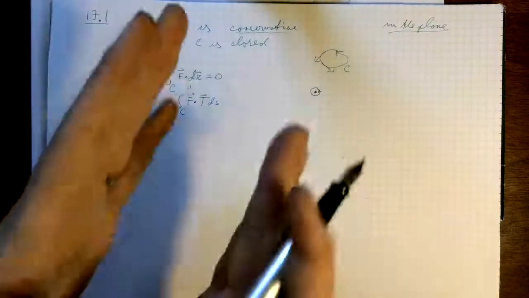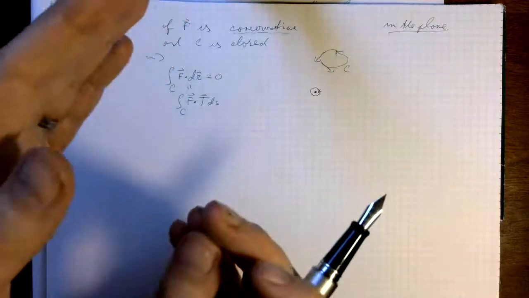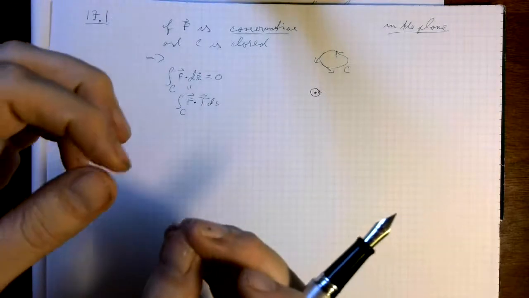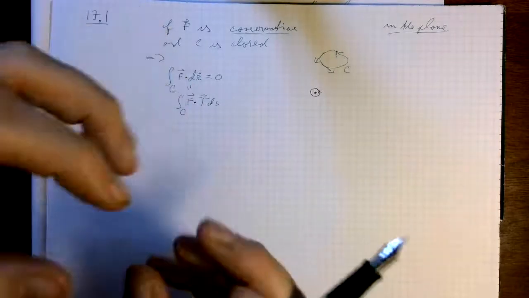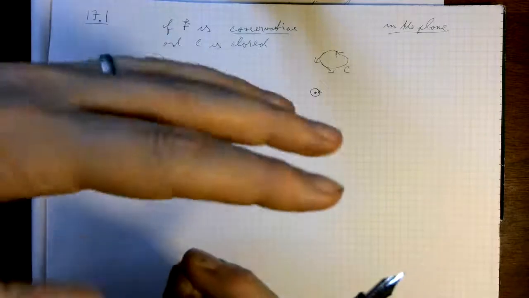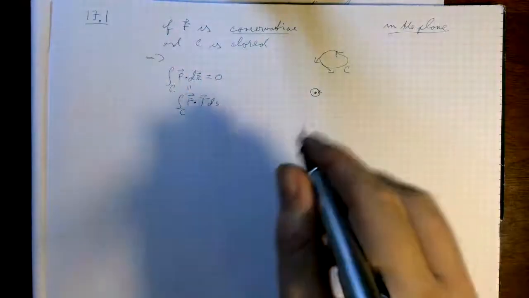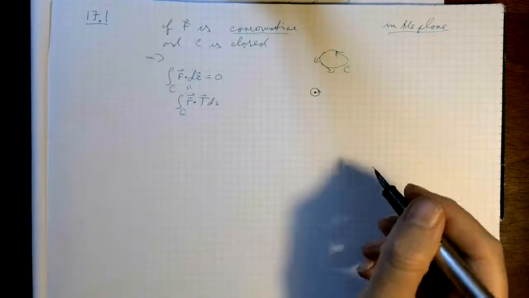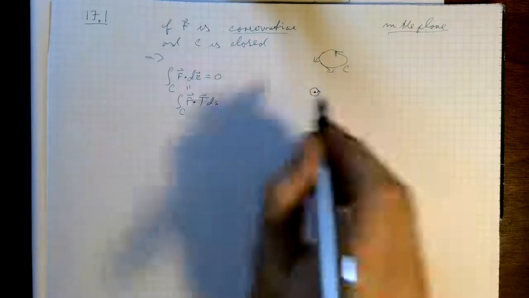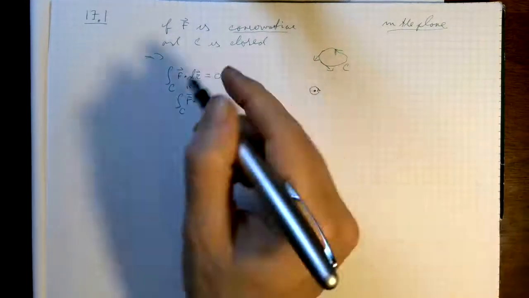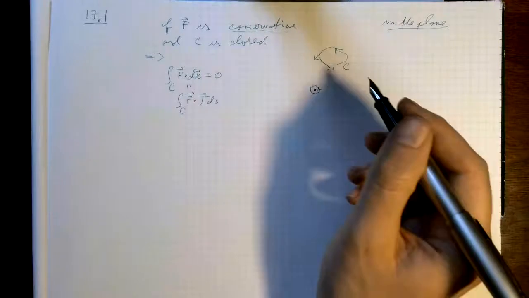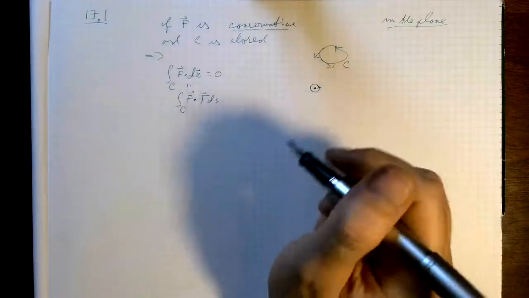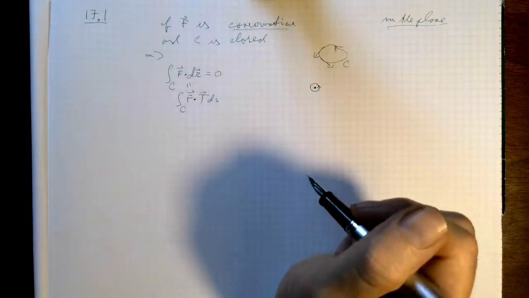But if one side is being pushed at a smaller rate than the other side, then it's going to rotate. So that's what the circulation is computing. And for a conservative or irrotational vector field, this is going to be 0.